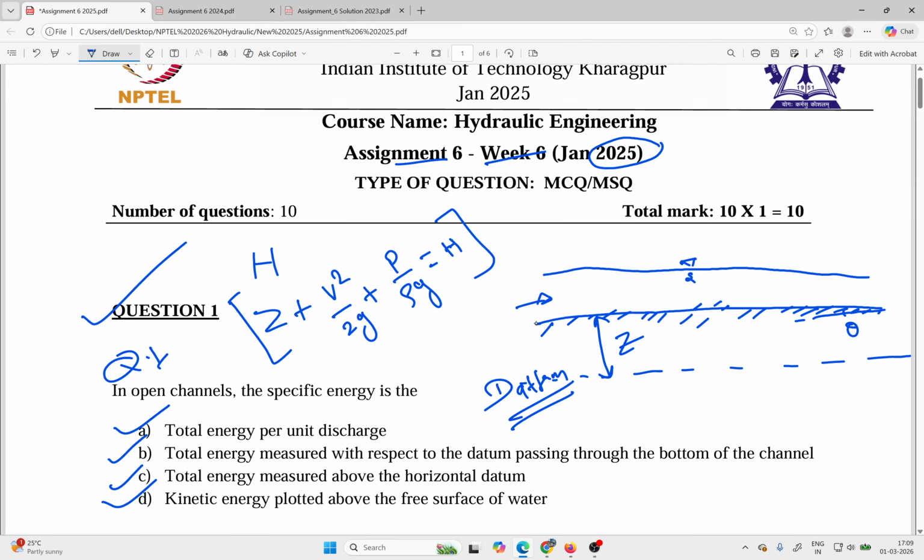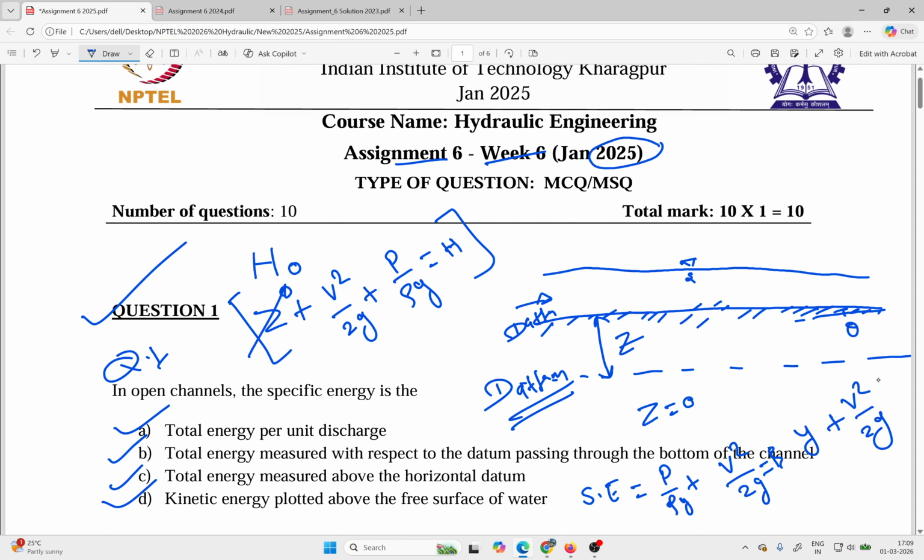You are considering the datum as the bottom of the channel. This is your datum when you are calculating the specific energy. So here z is equal to 0. Once z is 0, the specific energy is equal to p by rho g plus v square by 2g, or equal to y plus v square by 2g. That is your head.